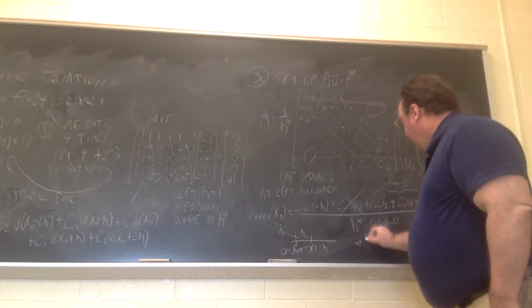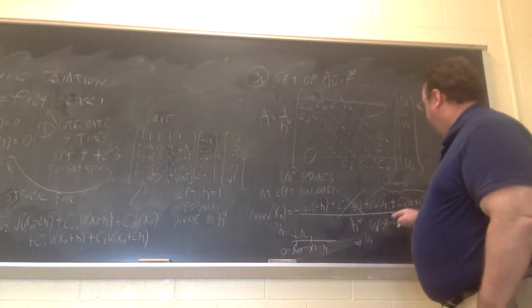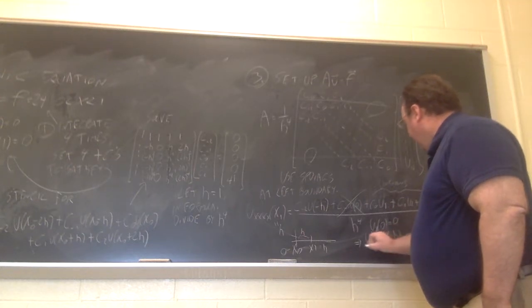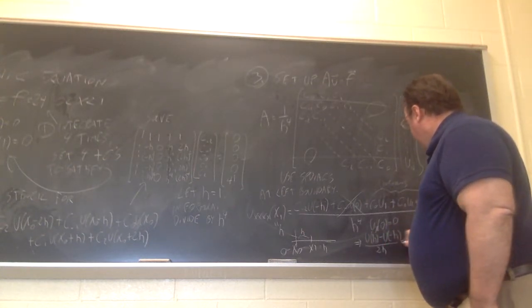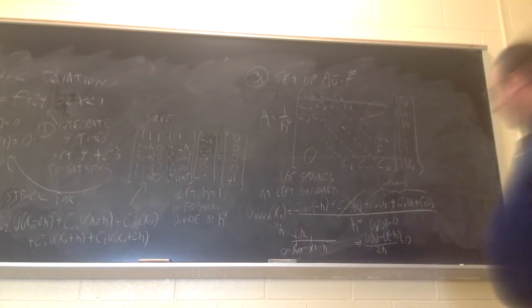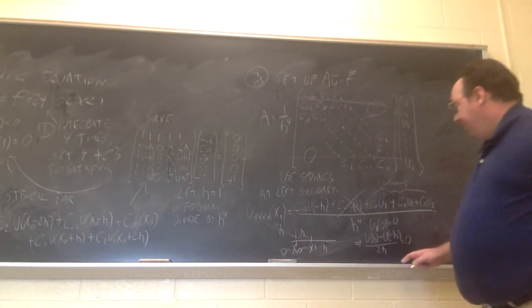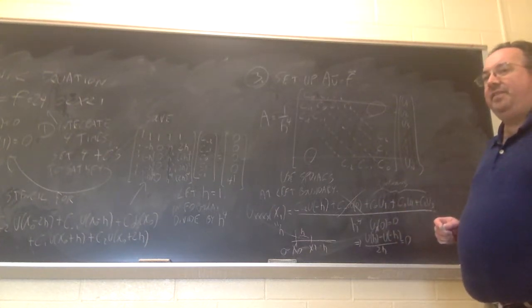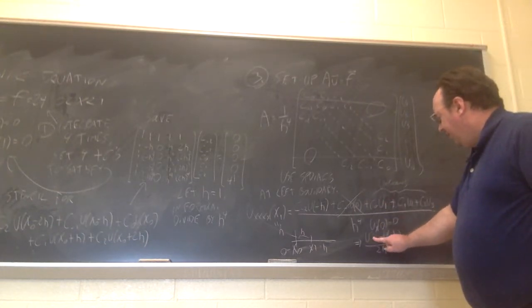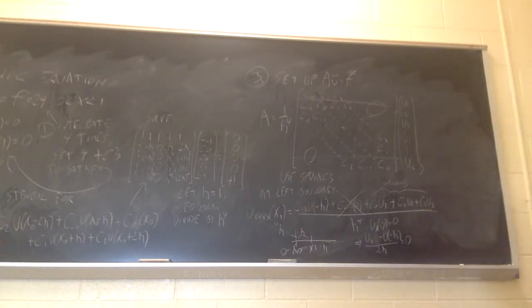So u1, which is u of h, minus u of minus h, over 2h equals 0. Now, u of h is u1. That's one of our unknowns, so I'll just fill that in there.